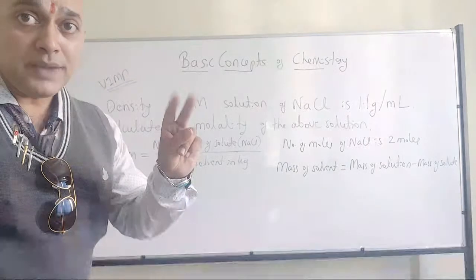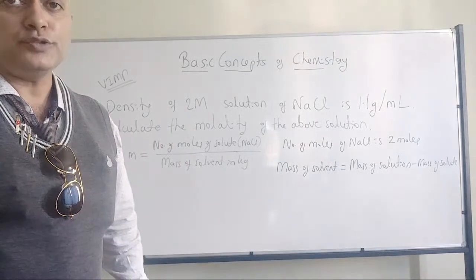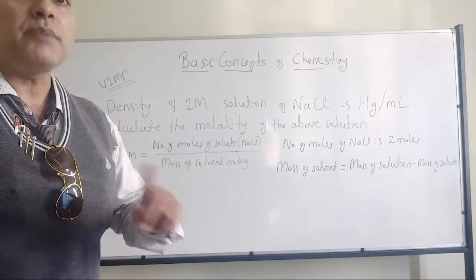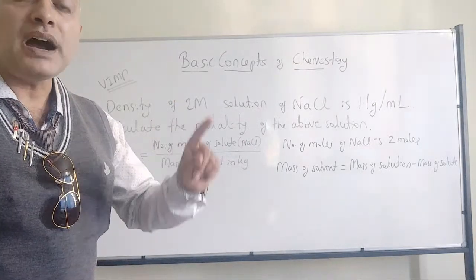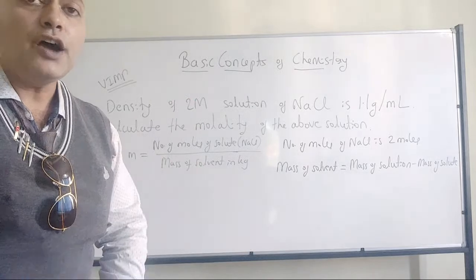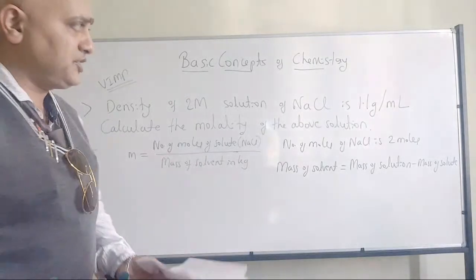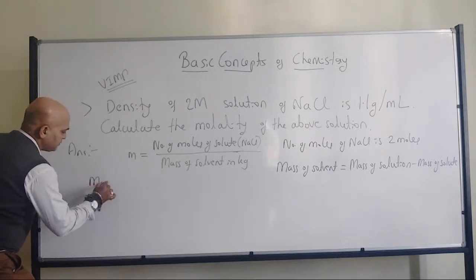So now I have to make 2 calculations: one for the mass of solution, and the next for the mass of solute. All of you have understood? Fine. First I will do the mass of solution.